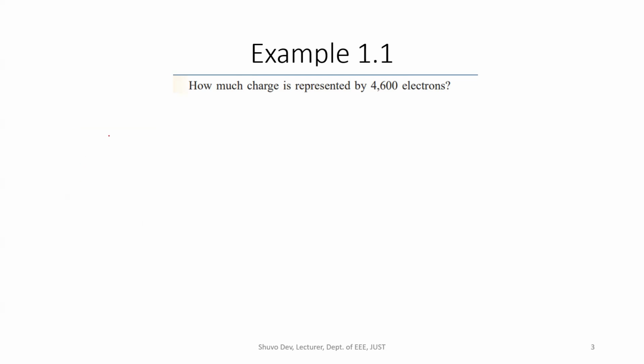So first of all, what is the charge of one electron? We all know an electron has a negative charge of 1.6 into 10 to the power minus 19 coulomb. So this is the charge of one electron.